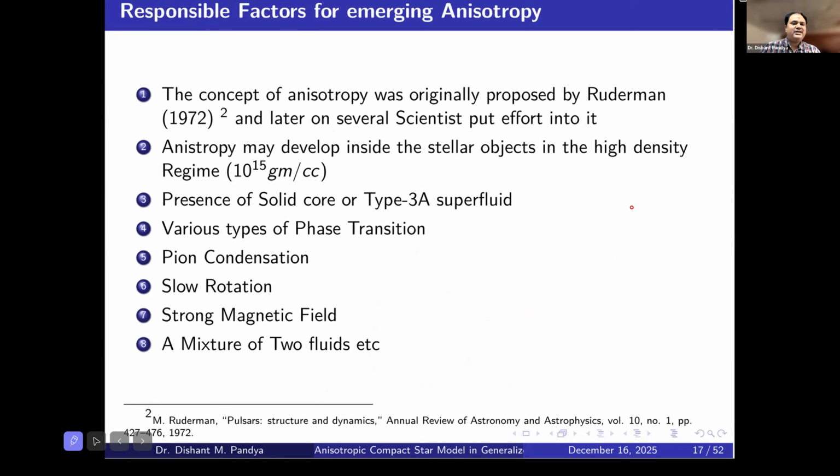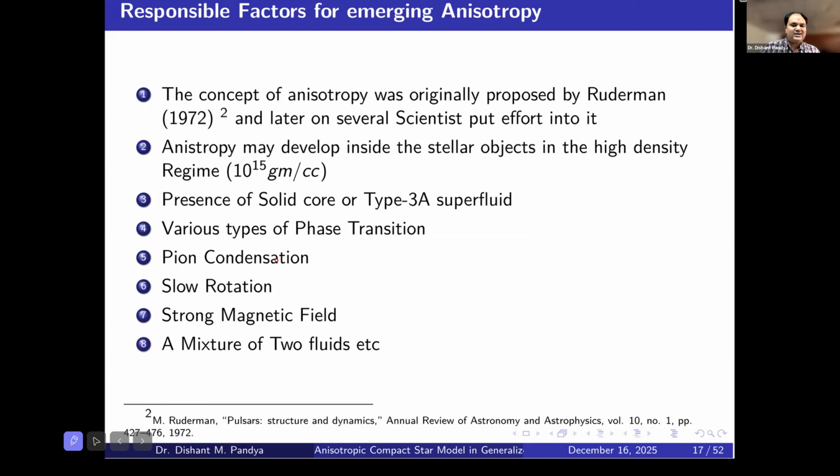So the primary thing is, what kind of situations are those where we directly think of anisotropy? If you see a solid core or a type 3A superfluid, then also you can think of anisotropy. Then various types of phase transition occur, and at that time also anisotropy might be there.